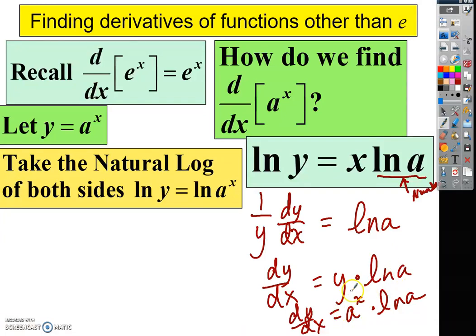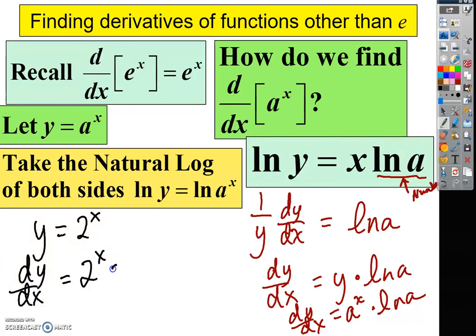What happened here is, if I were to challenge us with, let's say we had this and I asked you for dy/dx, it is equal to 2 to the x times the natural log of 2.